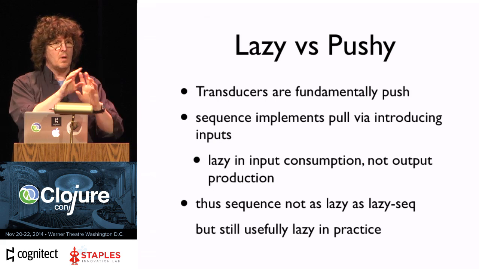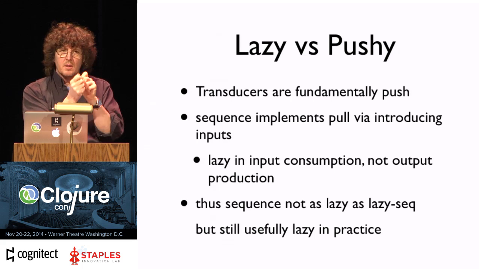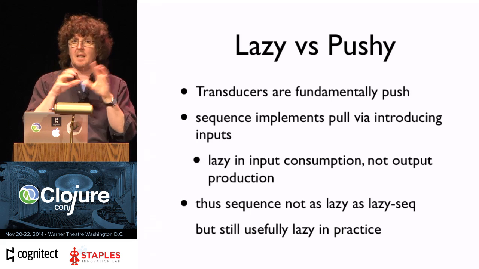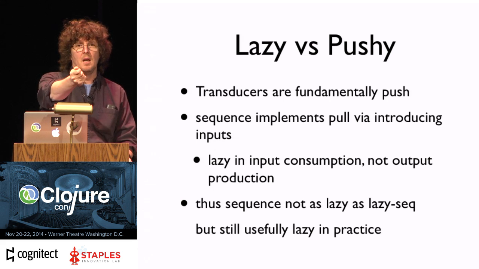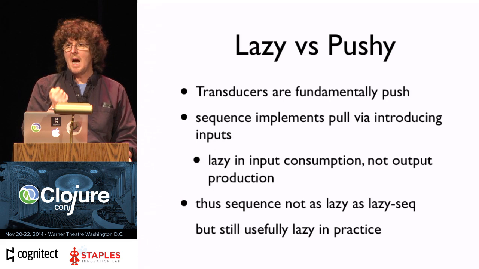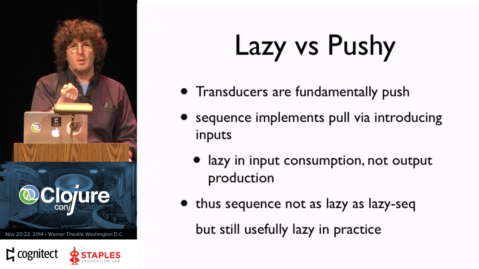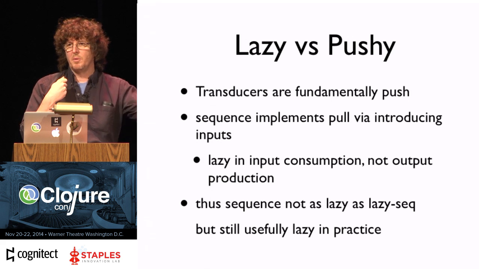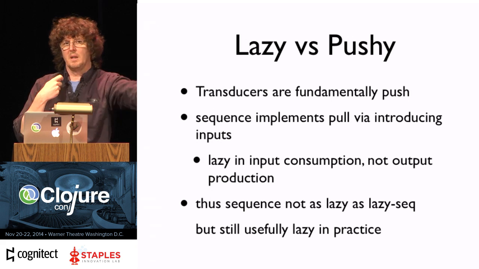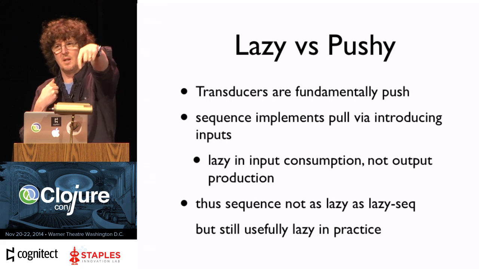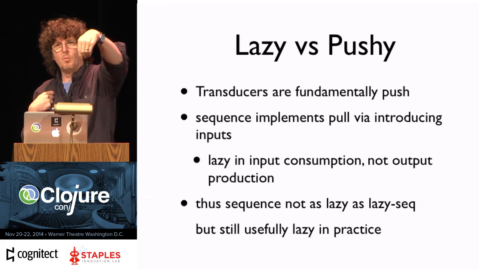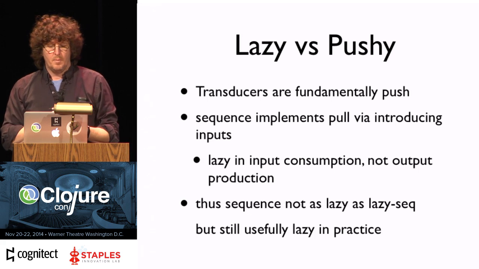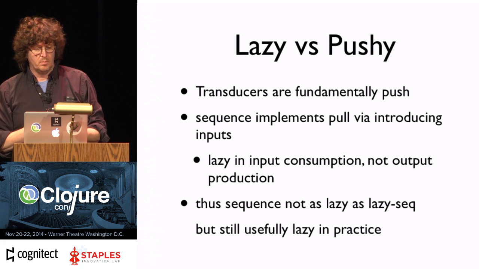We're used to saying, don't run any little part of the calculation until I ask for one thing and then just do exactly that much work, which ends up being a huge amount of overhead. So now we're saying, you're going to ask for one thing. What's actually lazy is not your consumption, but the production. In other words, we're lazily going to add only as much to this to produce an output to give you. But each step might produce more than one thing. So it's kind of pushy.